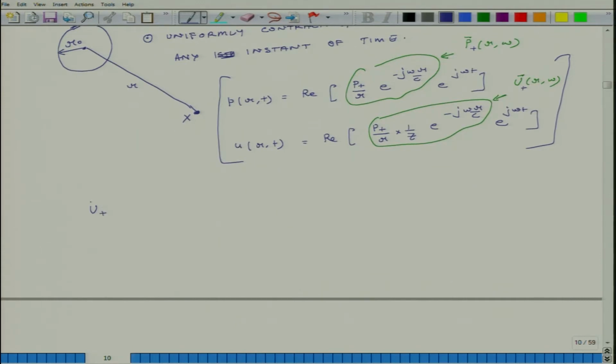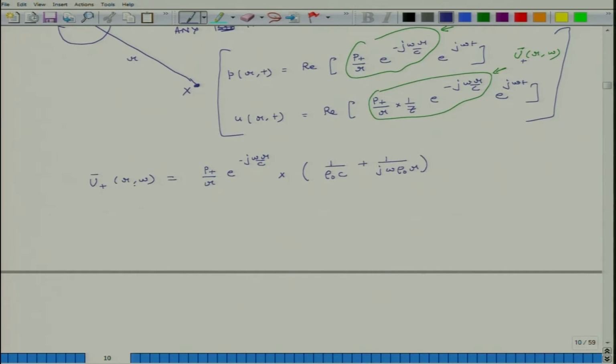So, u bar plus r omega equals P plus over r e to the minus j omega r divided by c times 1 over z. And 1 over z, we had seen that relation earlier. So, I will just write it down directly: 1 over rho naught c plus 1 divided by j omega rho naught r.